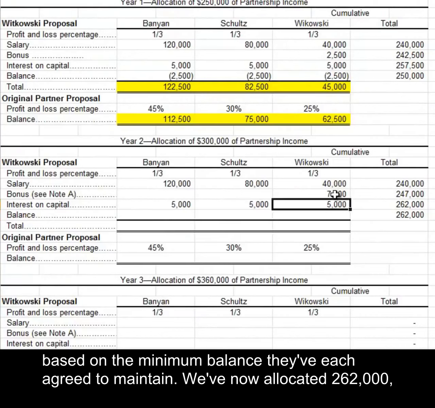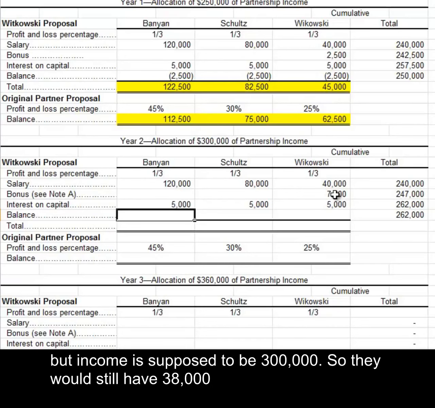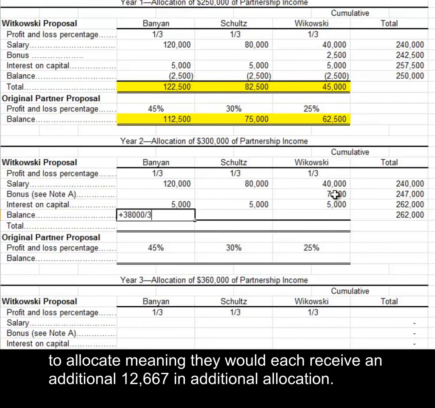We've now allocated $262,000, but income is supposed to be $300,000, so they would still have $38,000 to allocate, meaning they would each receive an additional $12,667 in additional allocation.